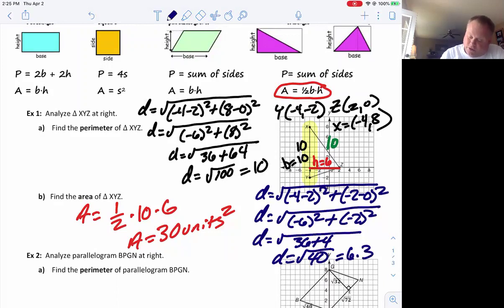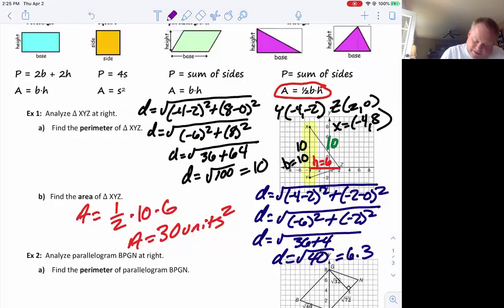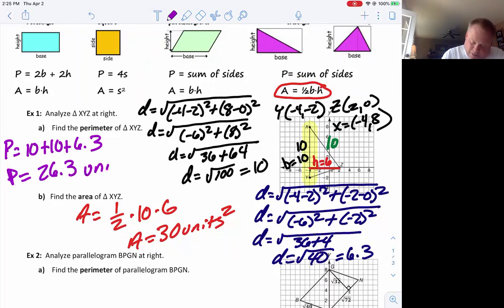So my perimeter is going to be simply to add up all three external sides. So that is going to be 10 plus 10 plus 6.3. And when I get that, I get perimeter equals 26.3, and my label is going to be simply units.